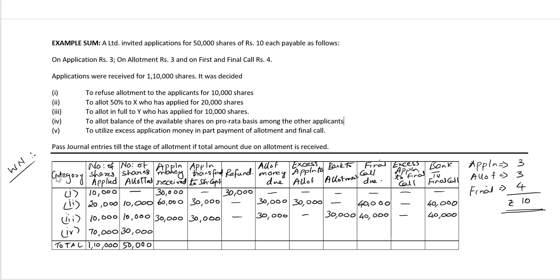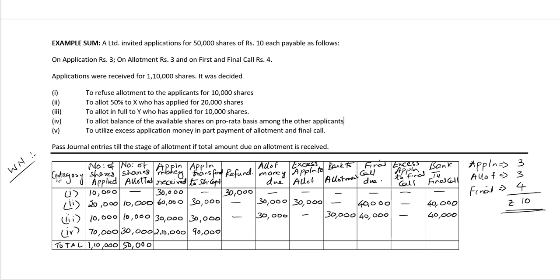Application money received, 70,000 shares applied multiplied by 3 rupees per share, 2,10,000 rupees. Application money transferred to share capital, 30,000 shares allotted multiplied by 3 rupees per share, 90,000 rupees. We'll come back to the refund column.